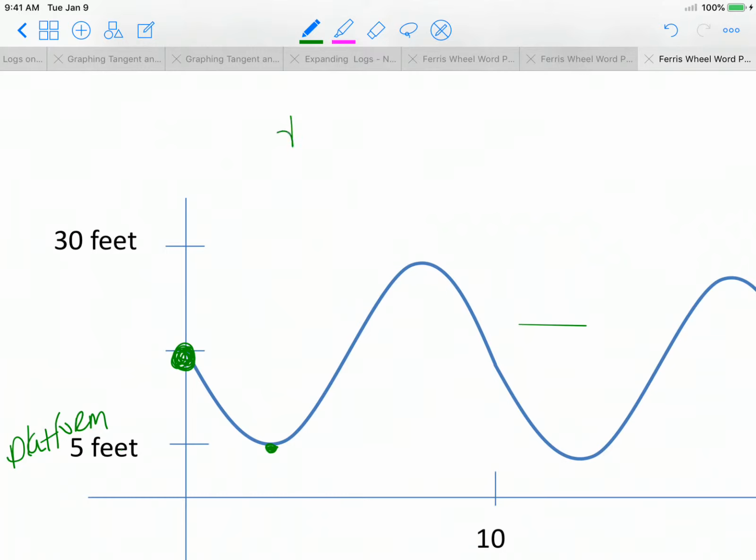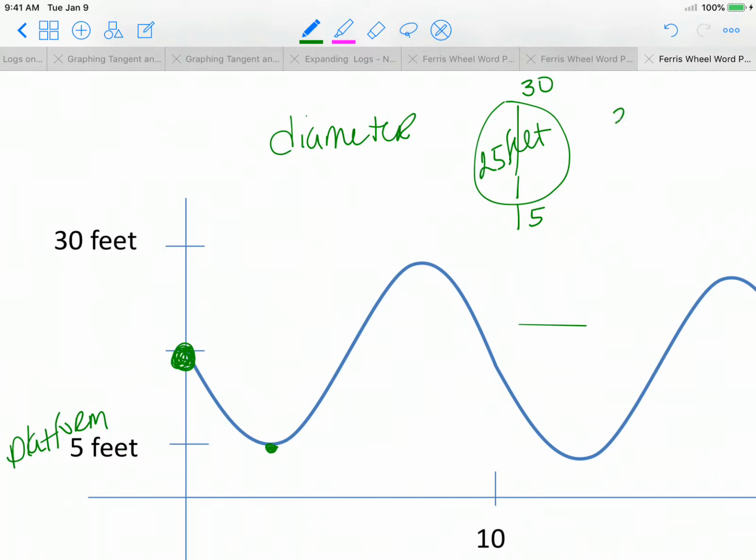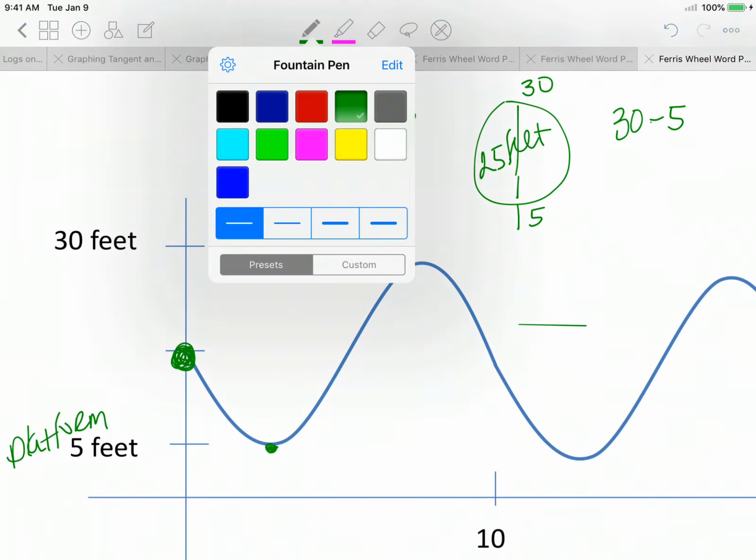So the whole diameter here, from top to bottom, would be 25 feet. Does everybody agree? Because you're 5 feet above the ground, and up here is 30, so 30 minus 5 is 25. So what is half of 25?